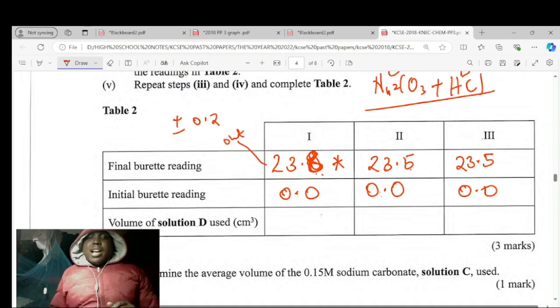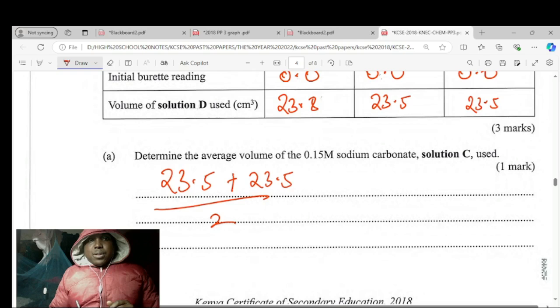So this will be 23.8, 23.5, 23.5. When I go to find the average for solution C, I will do it with 2 values: 23.5 plus 23.5 divided by 2, because if I include this one it will be an error and I will not get accuracy marks. And this one will be 23.50 centimeters cube.